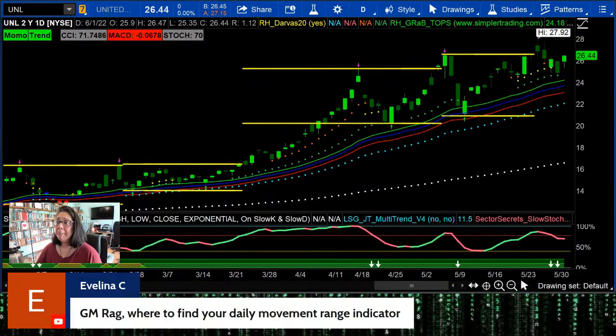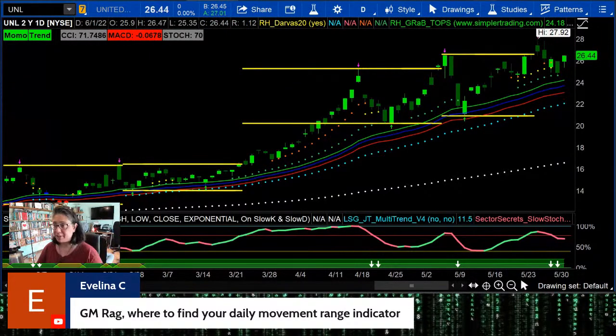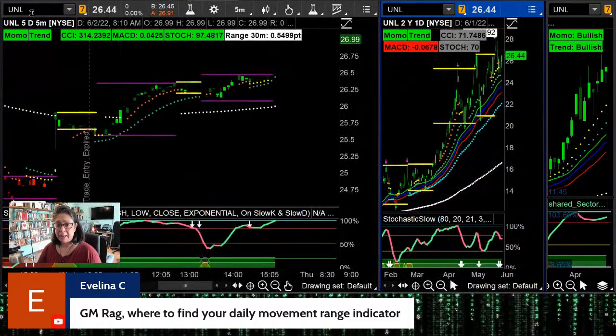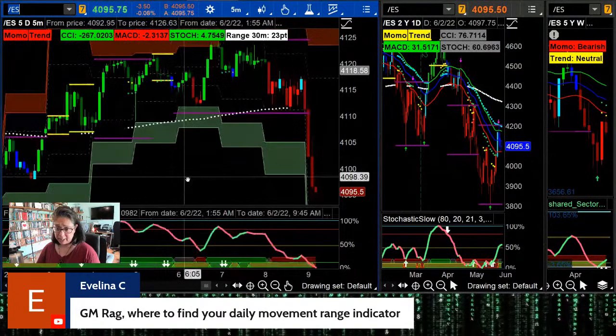All right. Next up, Evelina asks, where do I find a daily movement range indicator? So daily is just something that's calculated. I don't have an indicator for that. It's not something that comes into play very often. The one that I share visually here, and the futures room and the Sector Secrets Mastery get a version of this, is an hourly price movement range indicator.